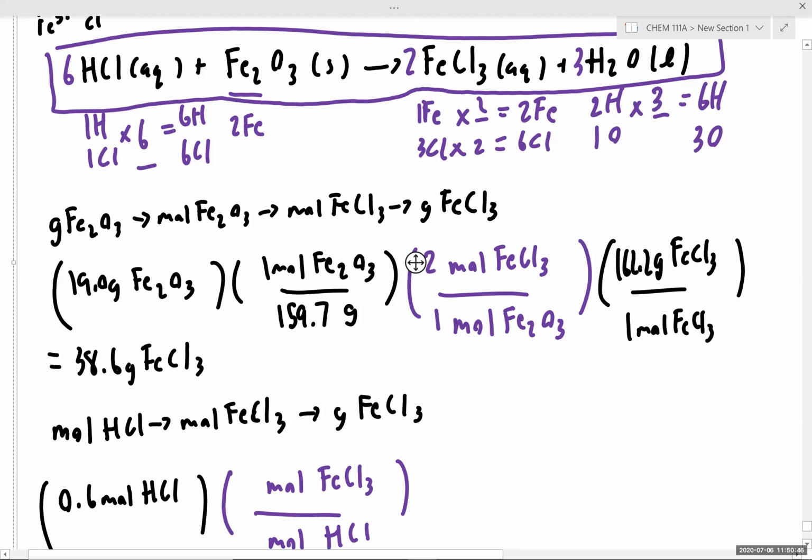Is it 1 to 1, 2 to 1, 3 to 1? It's 2 to 6, exactly right. We're just reading off our coefficients.